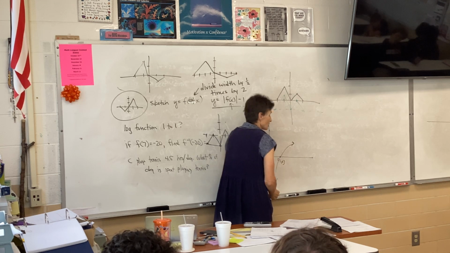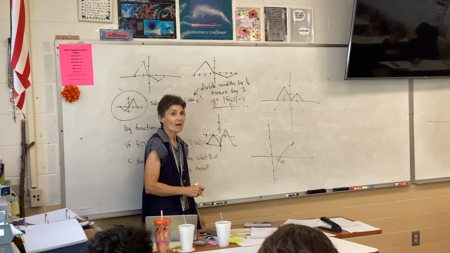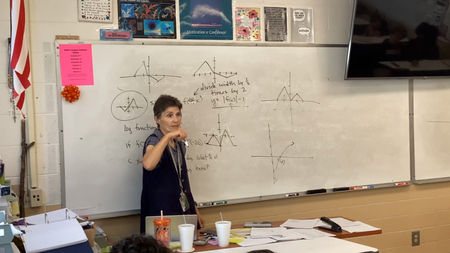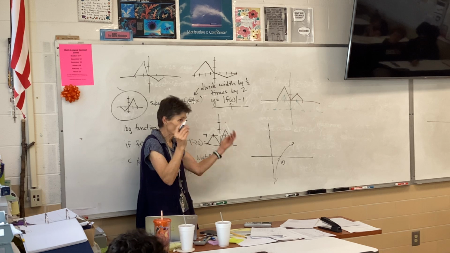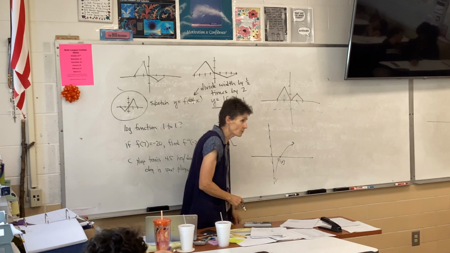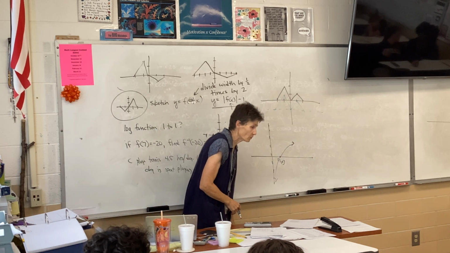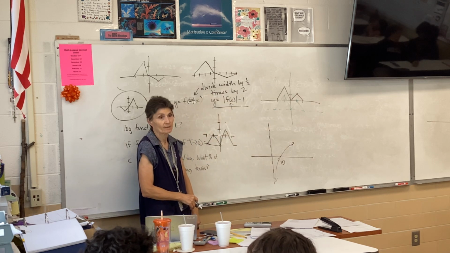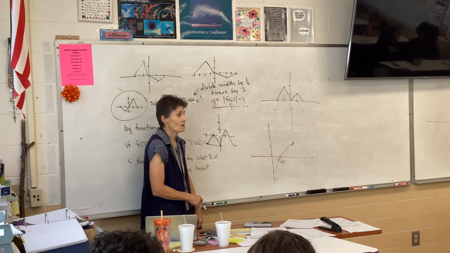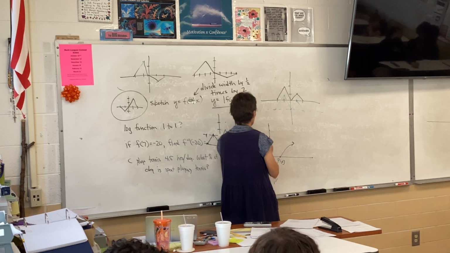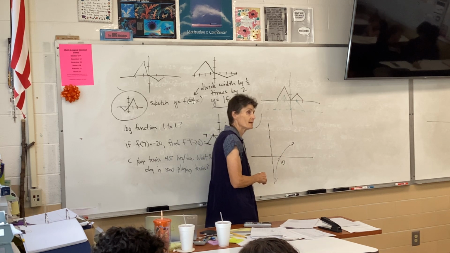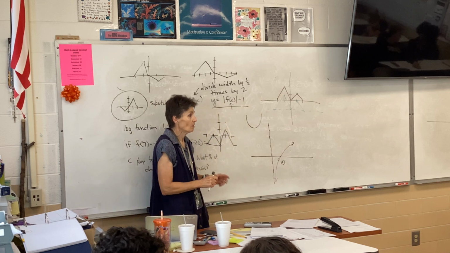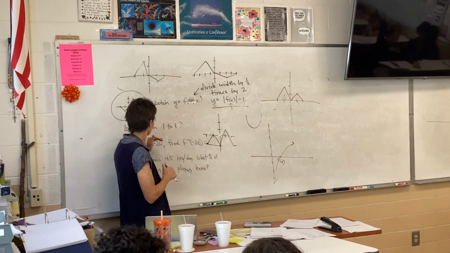Does that pass vertical and horizontal? Is it 1-to-1? Yes. Explain your answer. It passes both the vertical and horizontal line tests. If it were a squaring function, then the answer would be no, because it doesn't pass the horizontal, right?